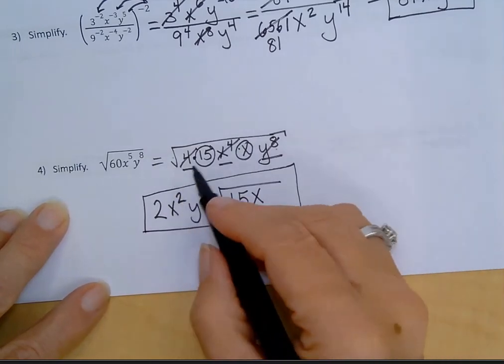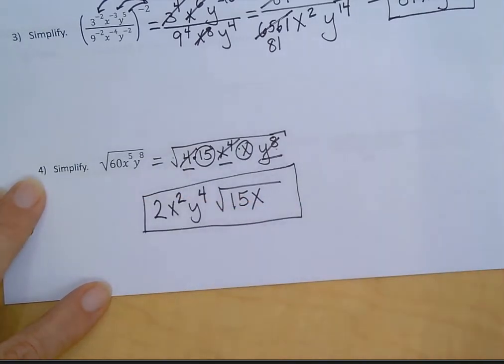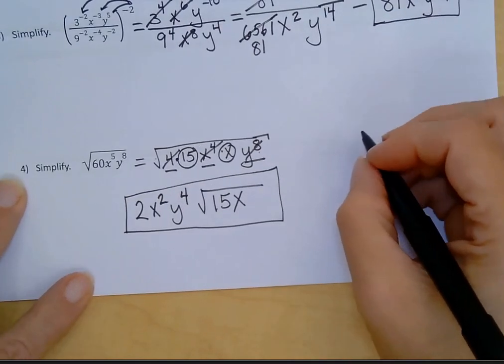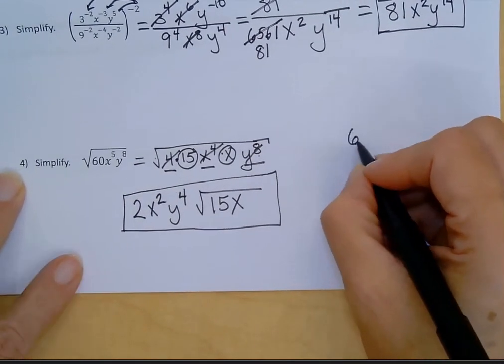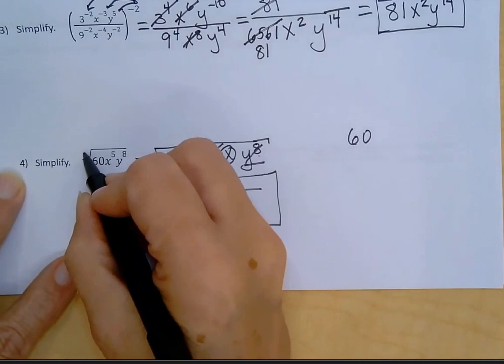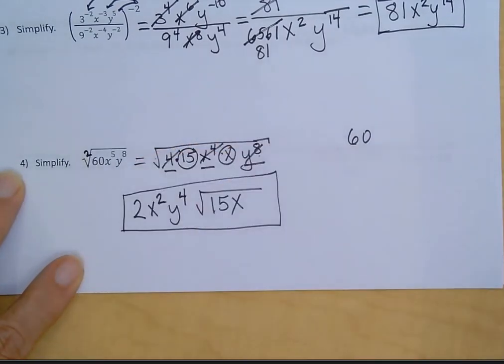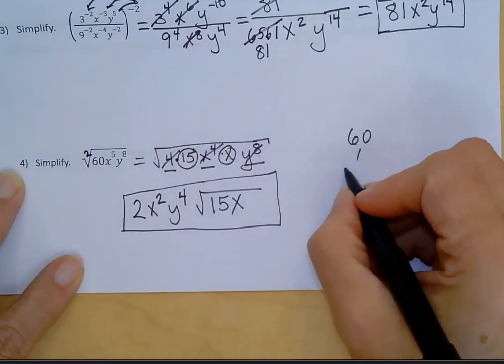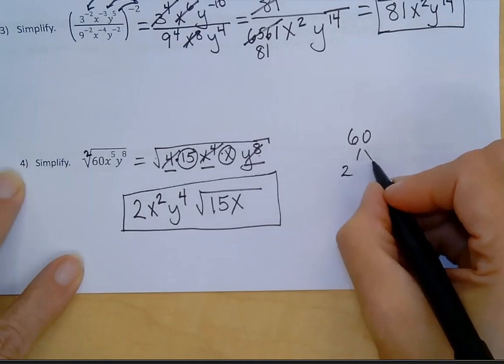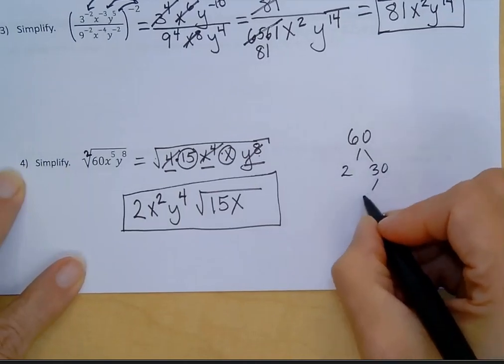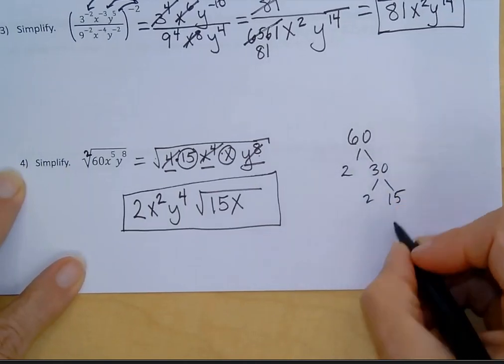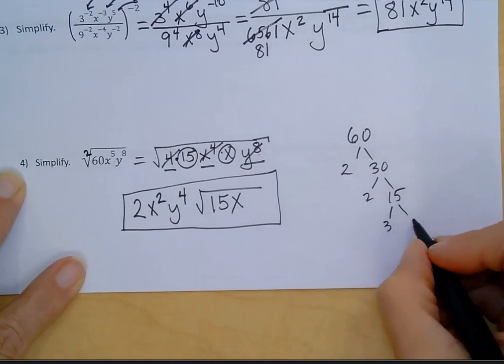Okay, if you needed to break down the 60 manually and find the pairs of numbers, because your index is an invisible 2, 60 is even, so I'm going to say it's 2 times 30. 30 is even, so I'm going to say it's 2 times 15, and I know 15 is 3 times 5.